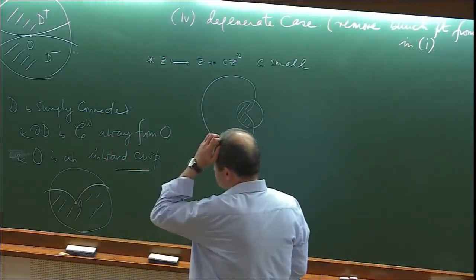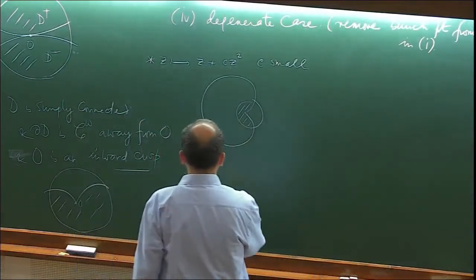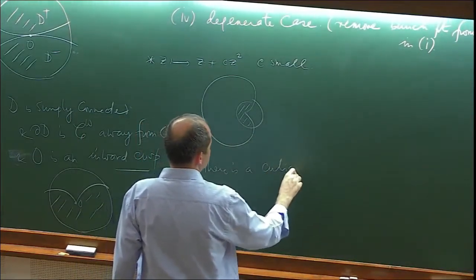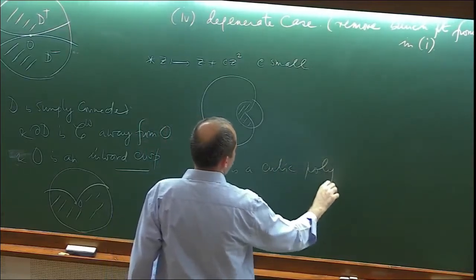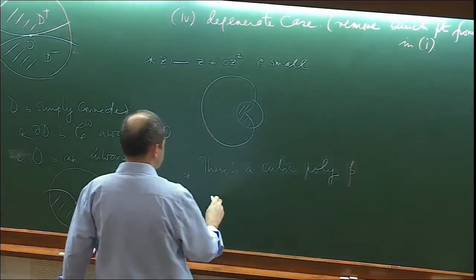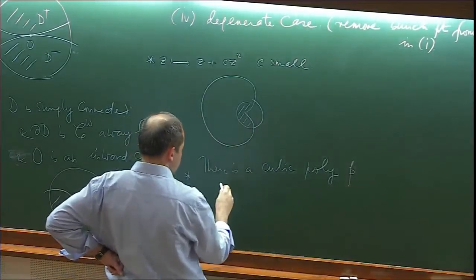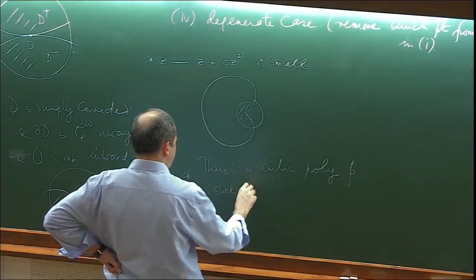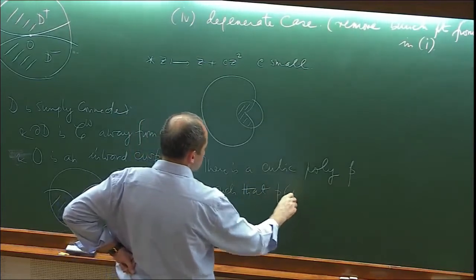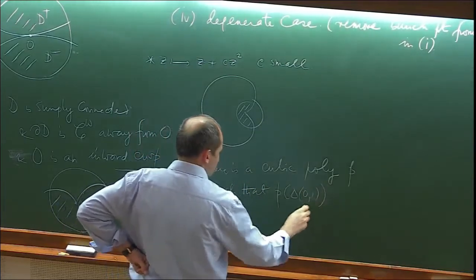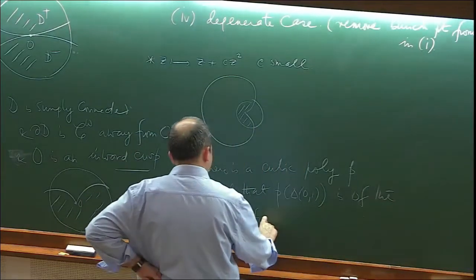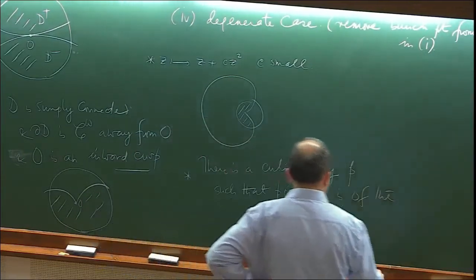And this also happens. So there is a cubic holomorphic polynomial P. In fact, there are plenty. Cubic polynomial such that the image of the unit disk under this looks like this.